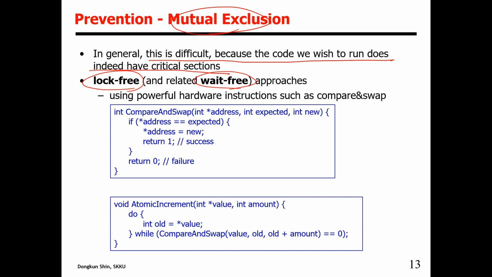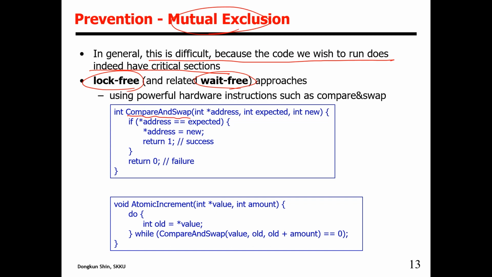To solve this problem, we can use some API such as compare and swap. When we studied the lock protocol and hardware primitives for a spin lock, I introduced the compare and swap instruction. Using this instruction, we can implement the lock-free approach.